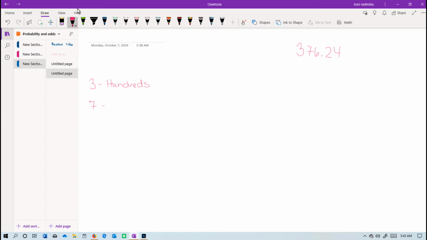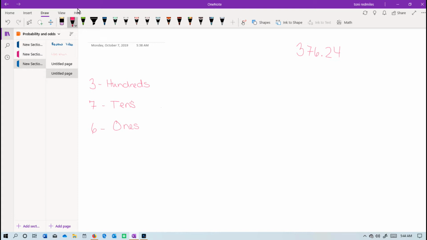I've noticed my speech doesn't pop on my mic enough for you to understand the difference between hundreds and hundredths, but I am saying two different words. The 7, decreased by a factor of 10, would be the tens place. And the 6 is the last one, it's the ones place.